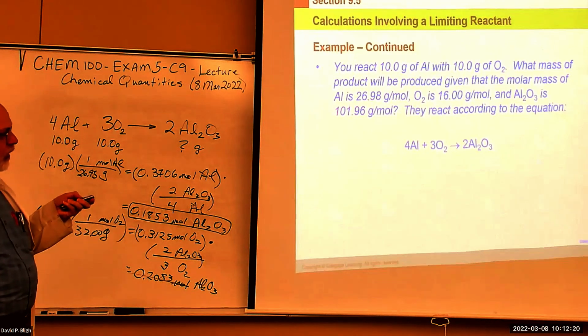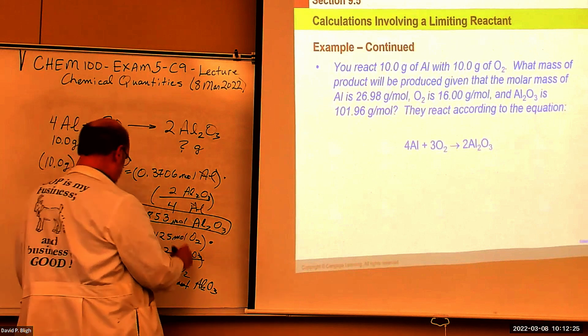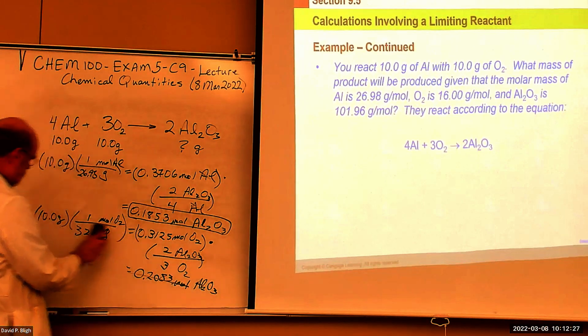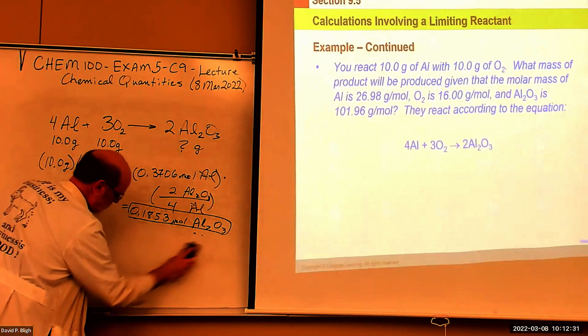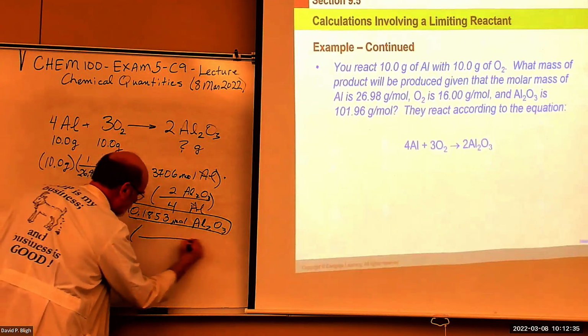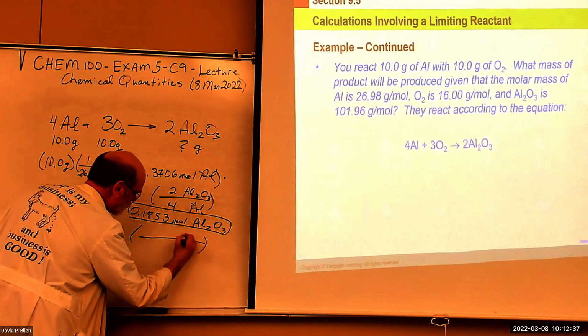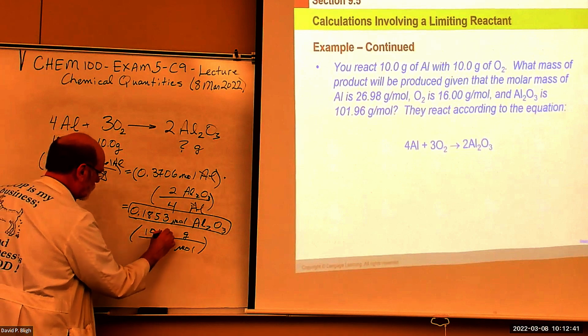And it's given here as 101.96 grams per mole. So I'm going to have to erase this part. So we're going to multiply that times moles on the bottom, grams on the top, 101.96.